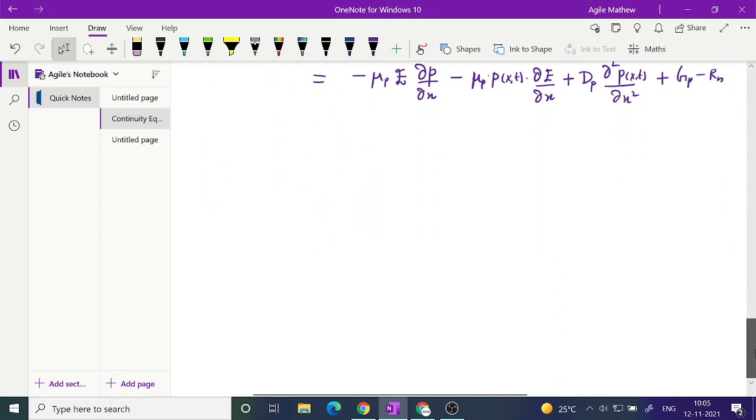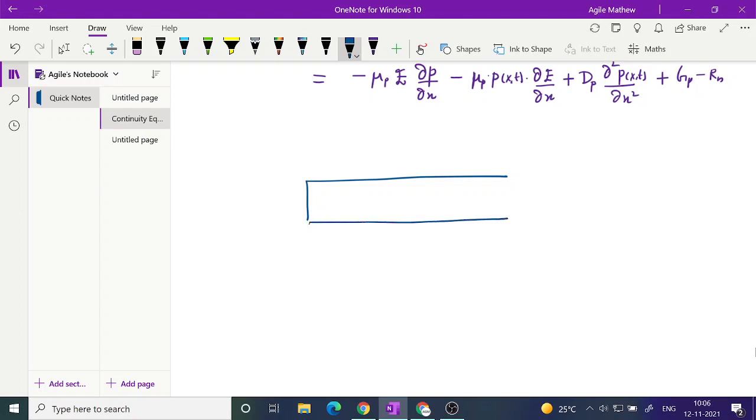Okay, so now let's move on to an application of this equation. So what is the use of this equation? Let's try to apply it in a particular case. So now let's consider a case in which we have a semiconductor which is very long, okay, very long semiconductor.